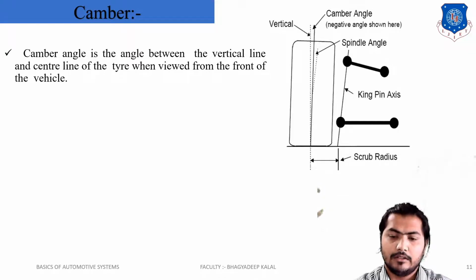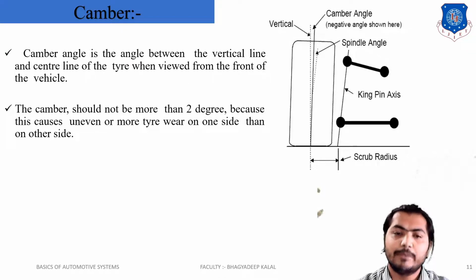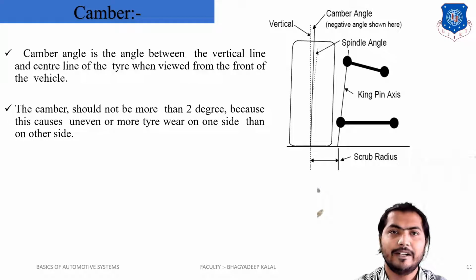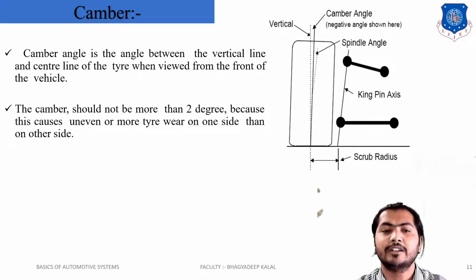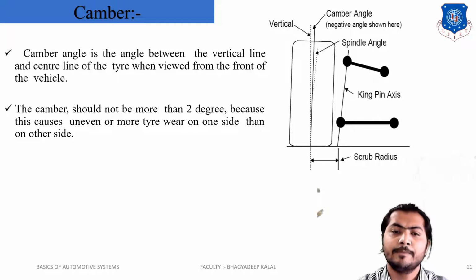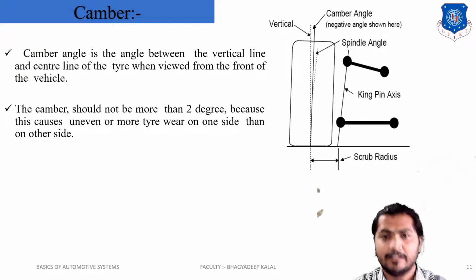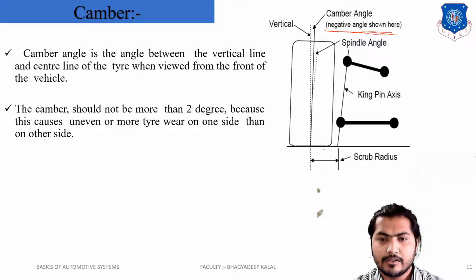The camber should not be more than 2 degrees. That is the limitation of the camber angle, because more than that causes uneven or more tire wear on one side than the other side. What happens if it is negative, as shown in this figure? There is more contact area on this inner side, so more uneven wear comes here.